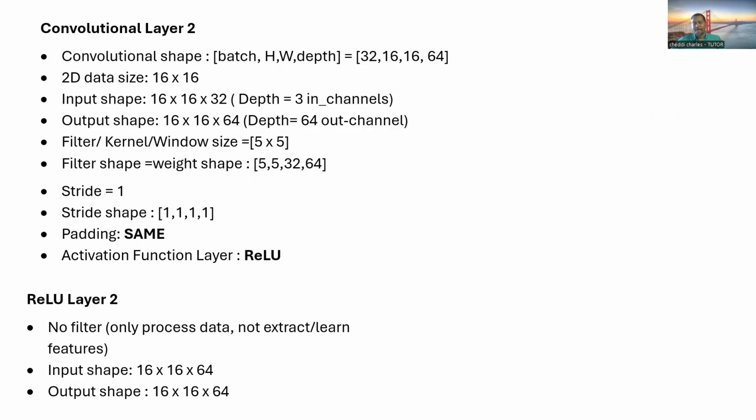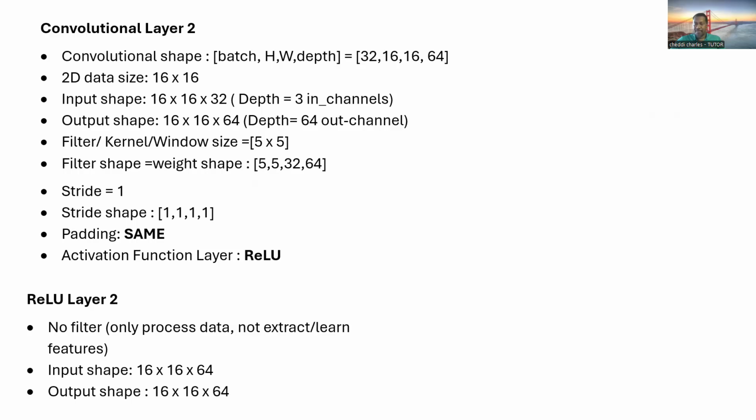Why? Because in that layer, instead of having 32 filters, we increase it to 64. So the output number of filters will be 64, with a 16 by 16 dimension, and this has to go through 64 filters.